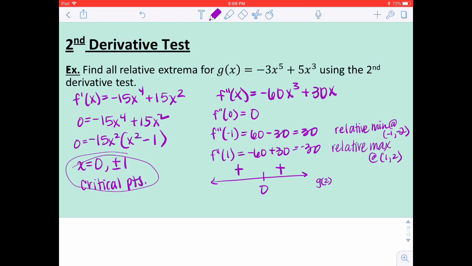So g of 1, sorry, not 2, g of 1 is equal to negative 3 plus 5, which is 2. And g of negative 1 is equal to 3 minus 5, which is negative 2. Okay, so that's all I did to get those.